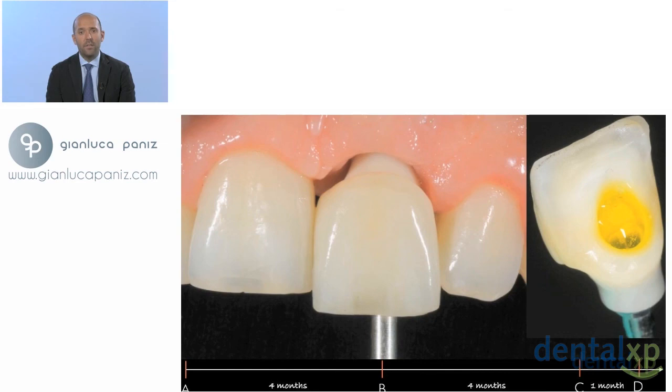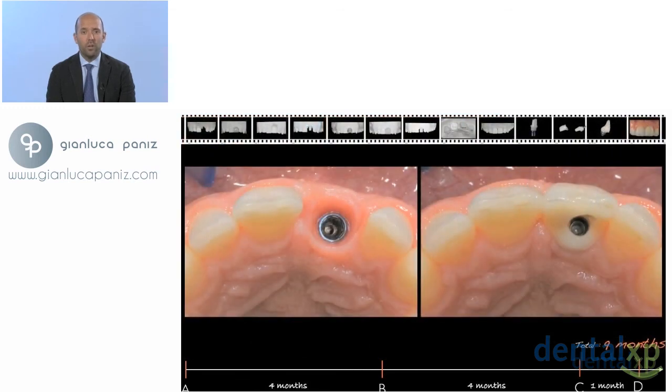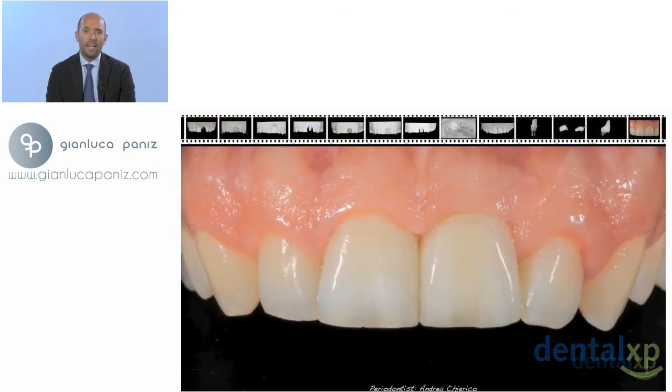And then the crown is delivered, and from a cemented type of restoration we have a screw retained type of restoration. And this is the final aesthetic outcome.